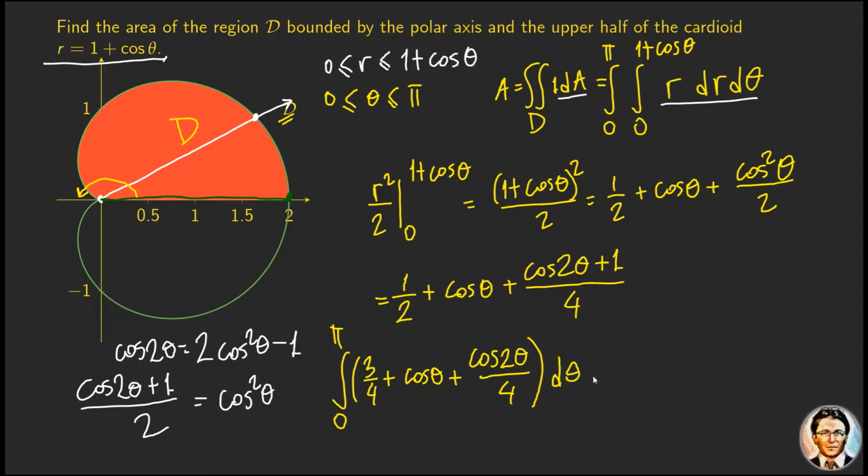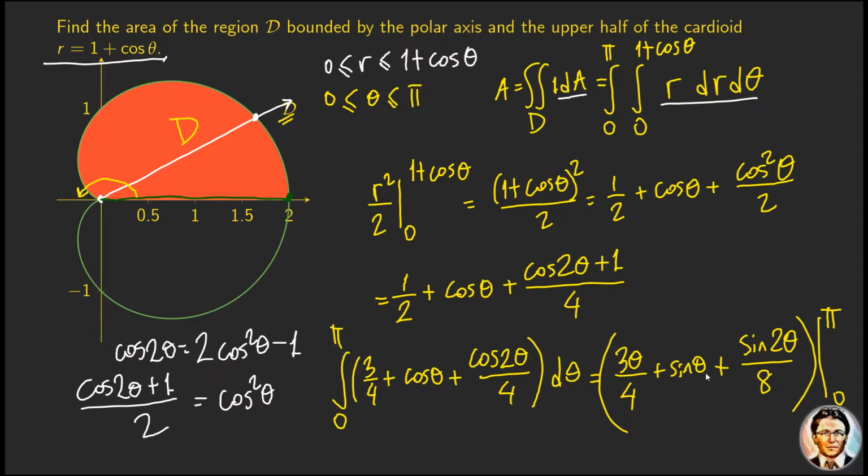d theta. If we integrate with respect to theta, it is going to be 3 theta over 4 plus sine theta plus sine 2 theta over 2, and we have another over 4, so it will be over 8, from 0 to pi.